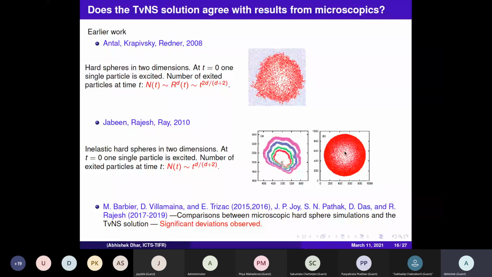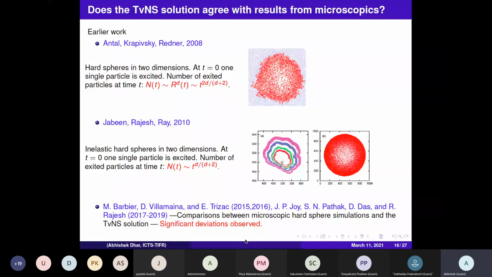So this comparison of looking at the fields in this system was done in this set of papers by Barbier et al. And there's also a set of papers by Rajesh et al., where they did very detailed microscopic simulations using hard spheres in both 2 and 3 dimensions, and made a detailed comparison with the TVNS equation.